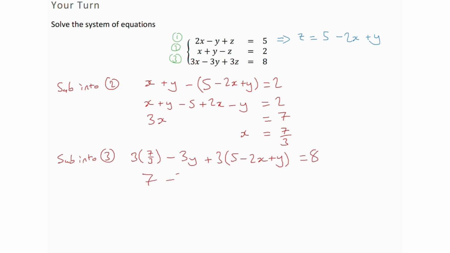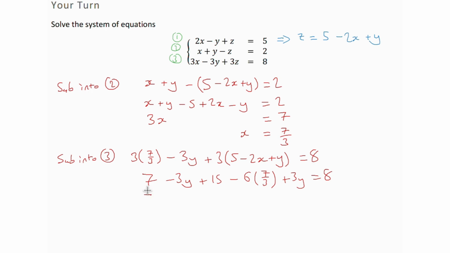So we get 7 minus 3y plus 15 minus 6x. Oh, but 6x, let's not forget that x here is 7/3, plus 3y, which is equal to 8.